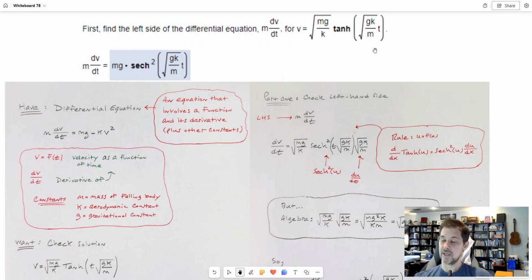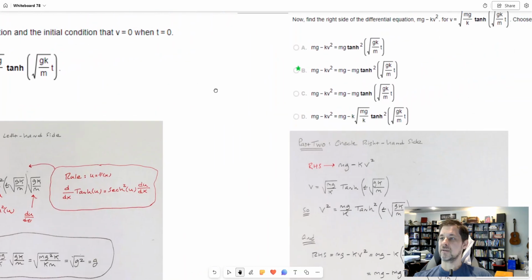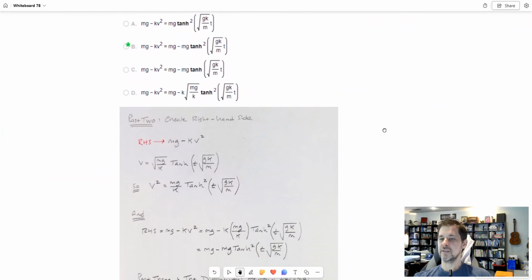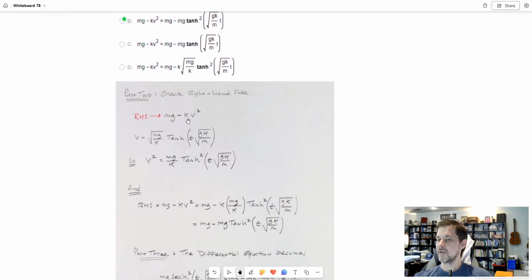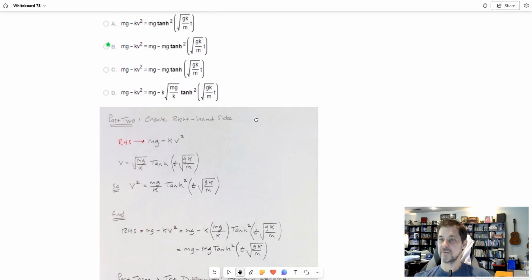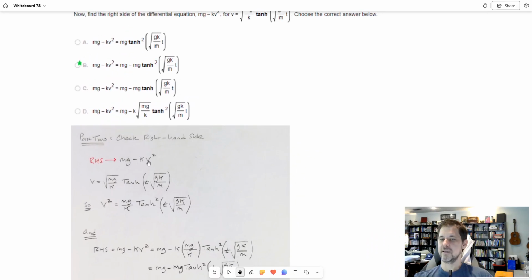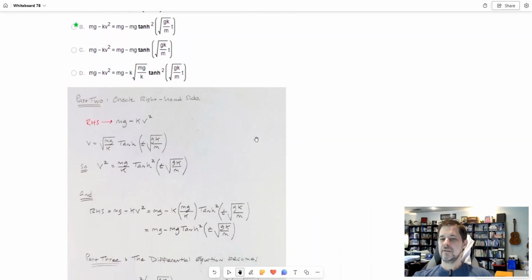There it is, okay? All right, now it's the right-hand side. So let's check the right-hand side. Here is the right-hand side of that original differential equation. mg minus kv squared, okay? So let's do this. I mean, m and g are just constants. We're just going to multiply them. Minus k is a constant, and I'm going to multiply by v squared.